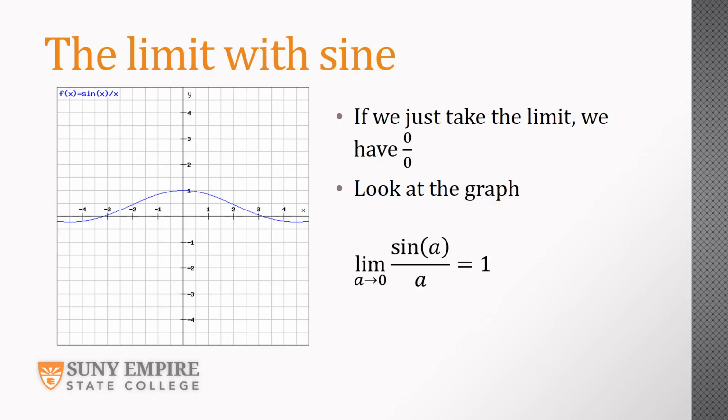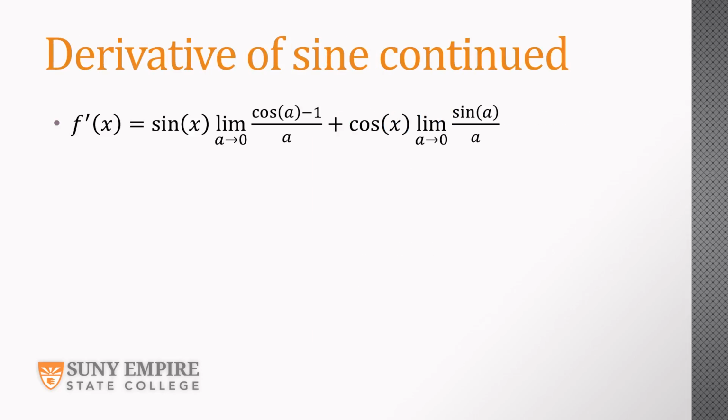Now we can finish finding the derivative of sine. We had left off with f prime of x equal to the sine of x multiplied by the limit as a approaches 0 of the quantity the cosine of a minus 1 divided by a, plus the cosine of x multiplied by the limit as a approaches 0 of the sine of a divided by a.